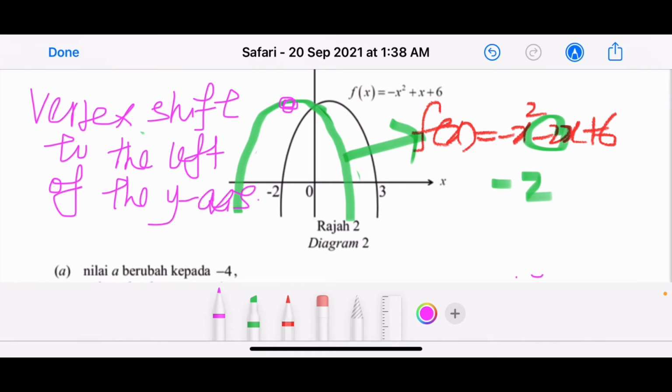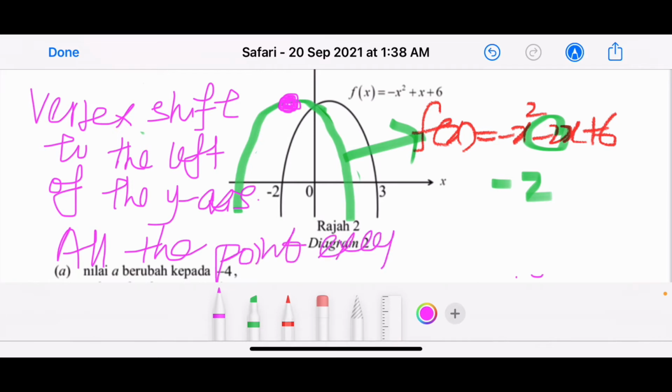And then all the points change except the y-intercept. Even the maximum point also changes. We will go a bit higher, this point. Later I will show you. All the points except the y-intercept change.